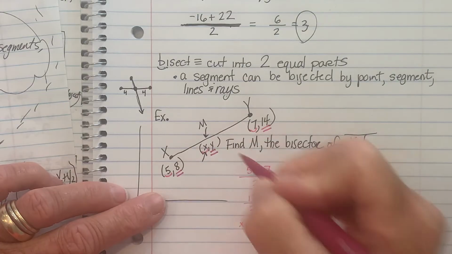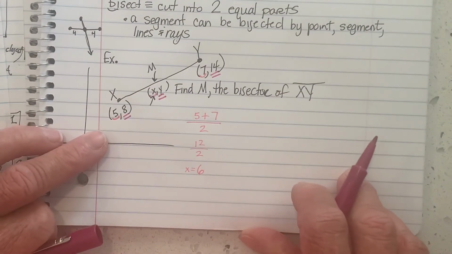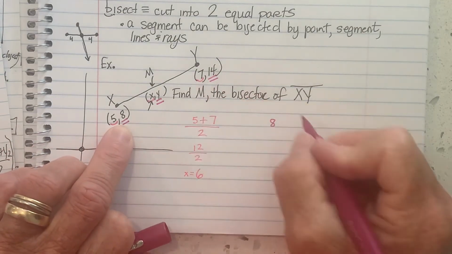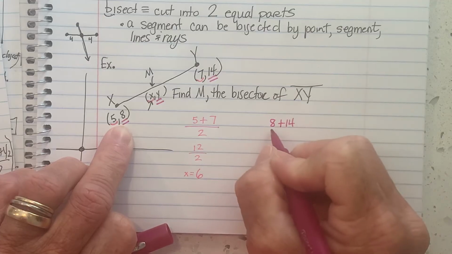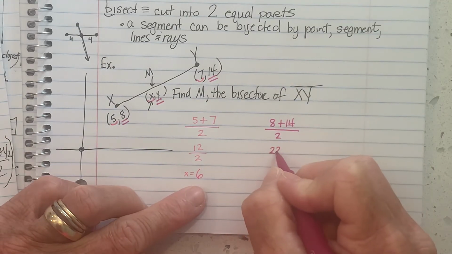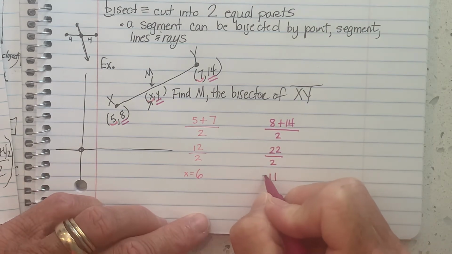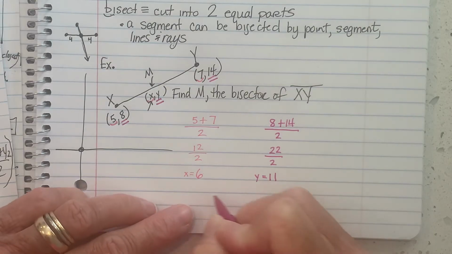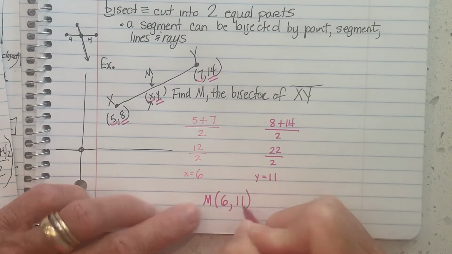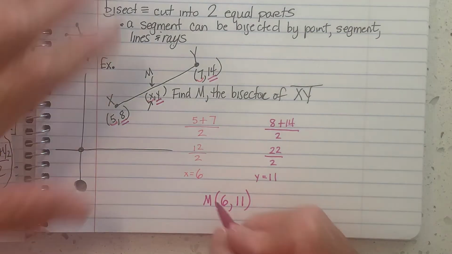So in order to find y, we'll use that formula again and average those two y coordinates together. The y coordinates are 8 and 14. We add those together and divide by 2. So we end up with 22, and 22 divided by 2 gives us 11, and that's going to be our y coordinate.